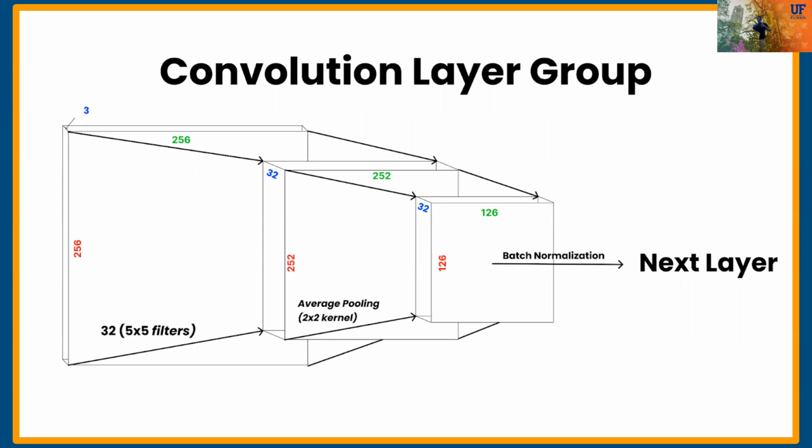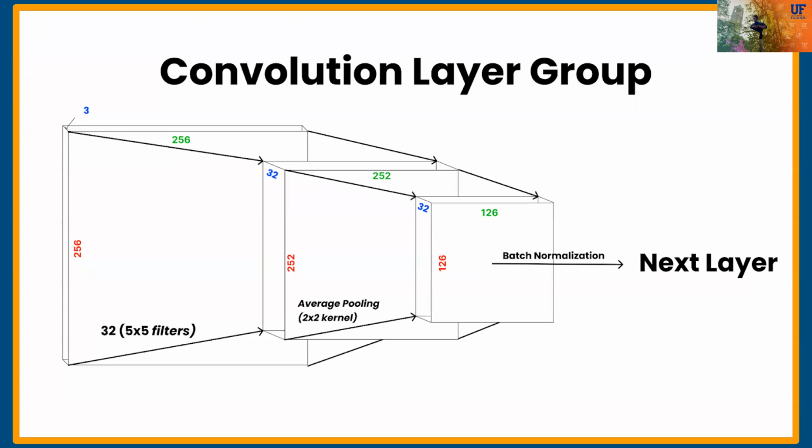And then it has 32 5 by 5 filters, and it filters through and gets you a 252 by 252 by 32, where the 32 is all the different filters that are in there. So it basically gives you 32 different generated images that you send off to the next layer, and then those will generate 32 more images and then 16 more images.